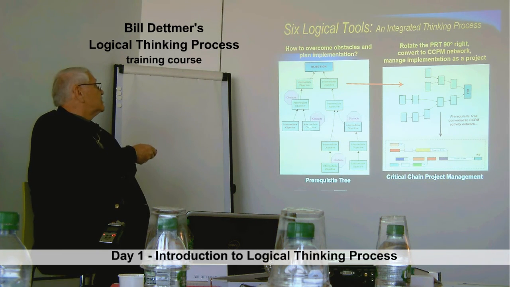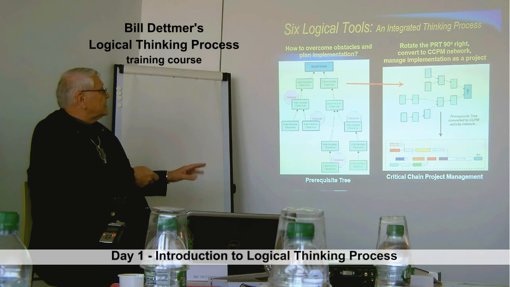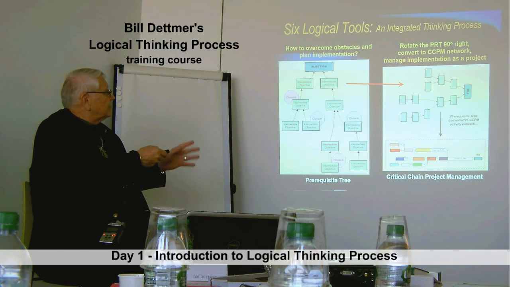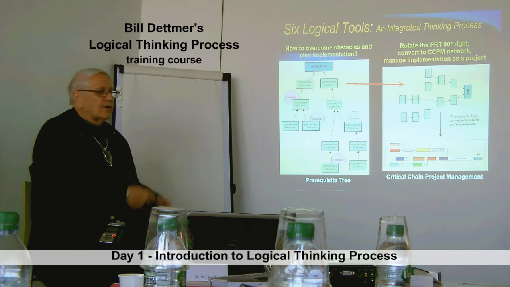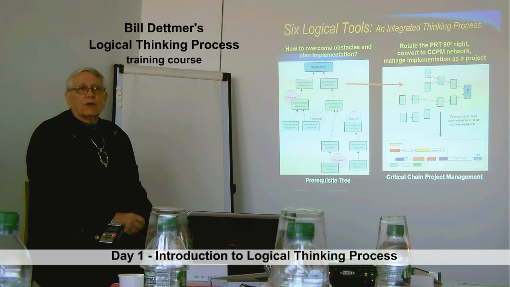You start initially with your prerequisite tree. You identify all of the key component tasks. You rotate this thing 90 degrees. You get rid of the obstacles. And now it becomes your execution network of activities. You put it together with the appropriate feeding buffers and project buffer, and bingo, you've got a critical chain project schedule for the implementation of your change.